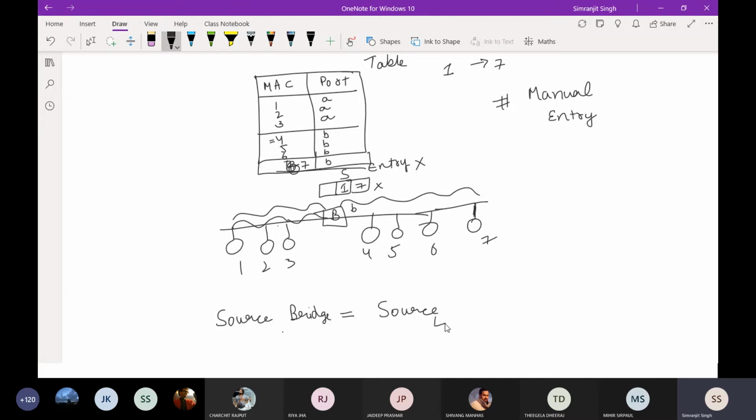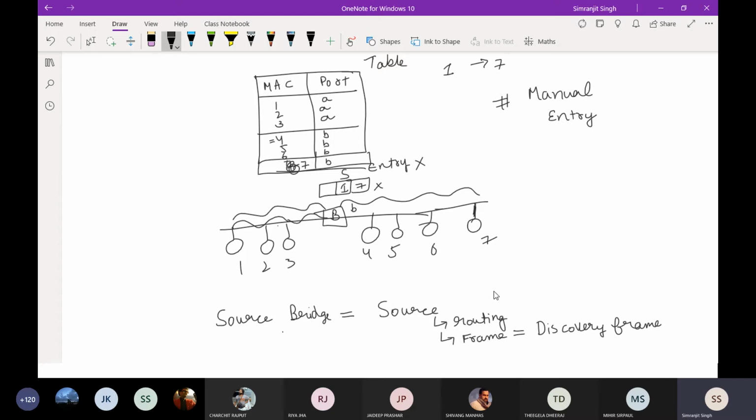The source has to define the routing path, as well as define something in the frame, and there is something called a discovery frame. The discovery frame is also introduced in this source bridge.